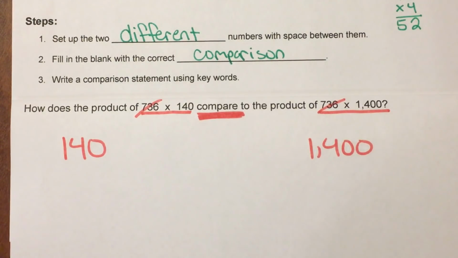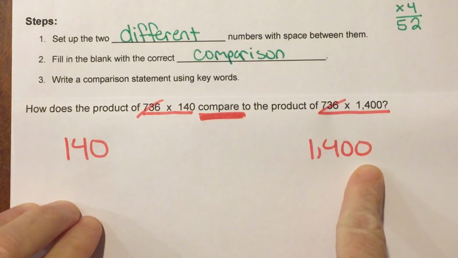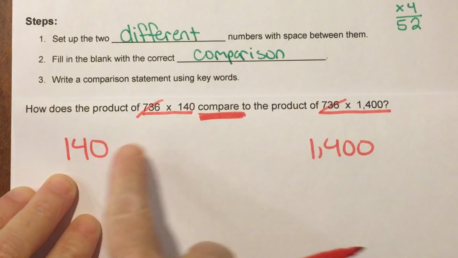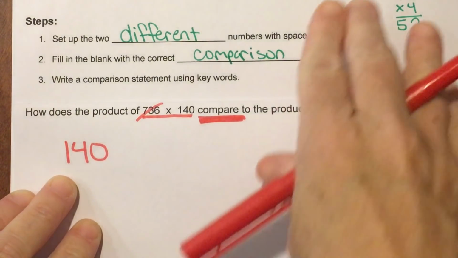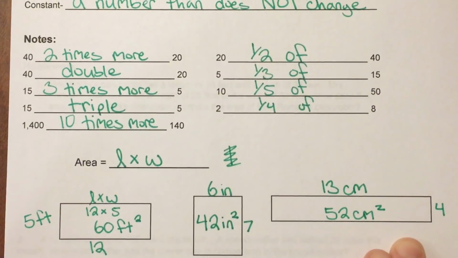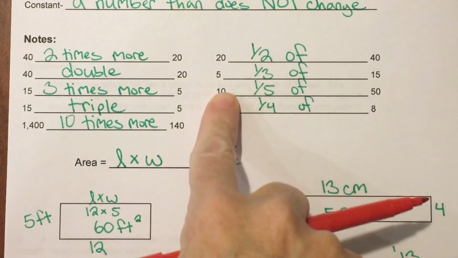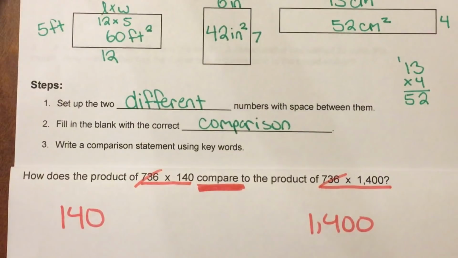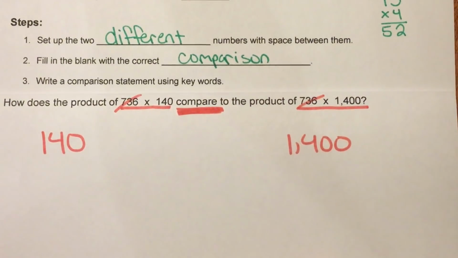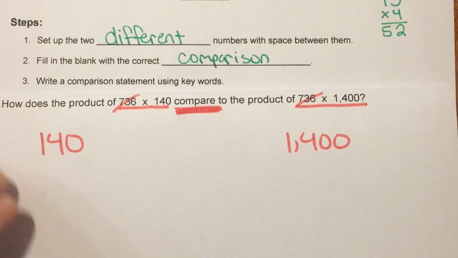Okay, now I'm going to fill in the blank with the correct comparison. What is this compared to this? Is this going to be a times more, or is this going to be a fraction of this? And if you're not sure, you can look up here. When the smaller ones were here and the bigger ones were here, it's a fraction. Ooh, so what fraction is that? How many of these would it take to get to that?